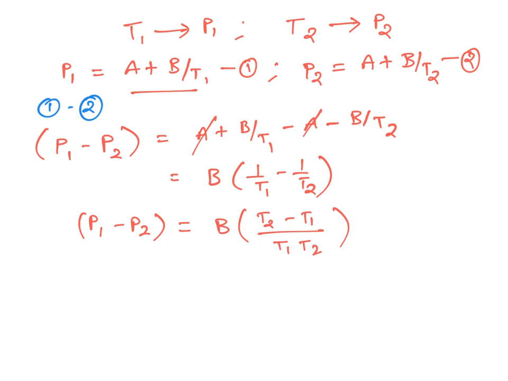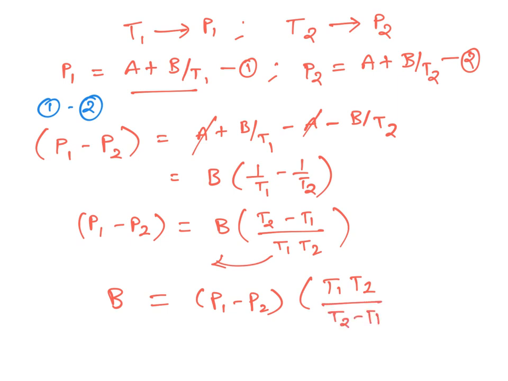So from this expression we can calculate the B value. B equals P1 minus P2, taking this term to the other side, times T1 T2 by T2 minus T1.